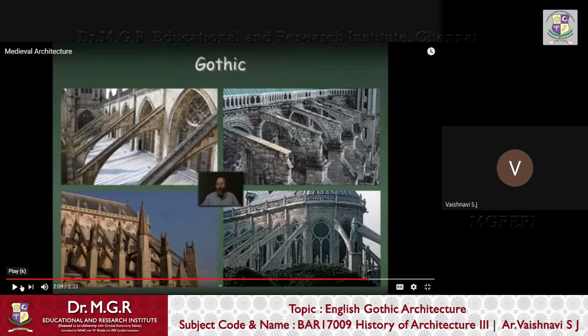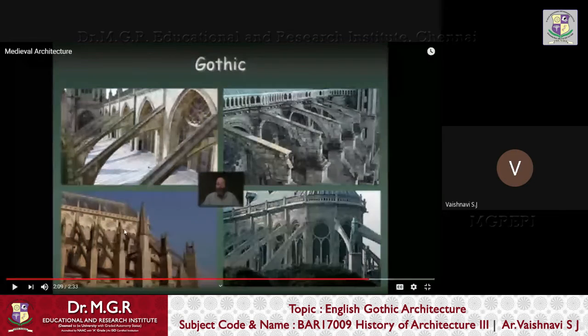See, these portions are called flying buttresses. So they are projected on the outer side. They had towers also, like in the Romanesque period, but these towers had buttresses supporting the main structure.